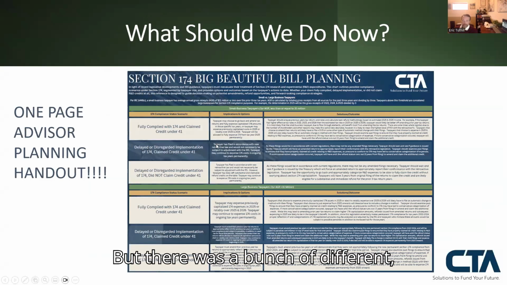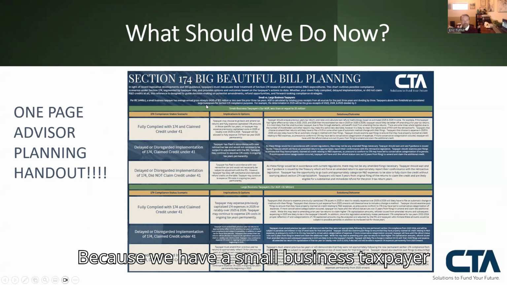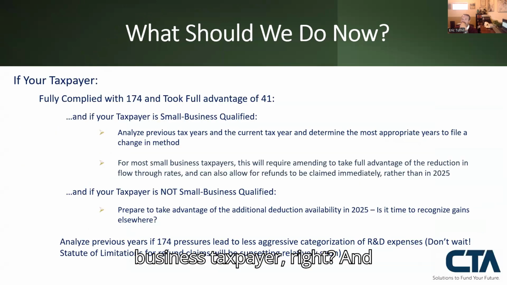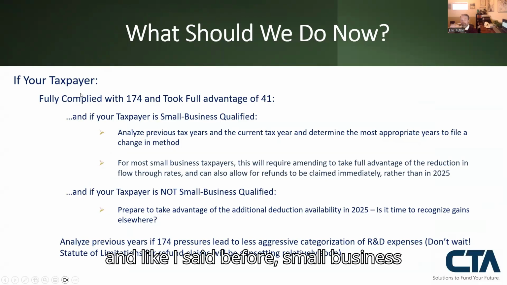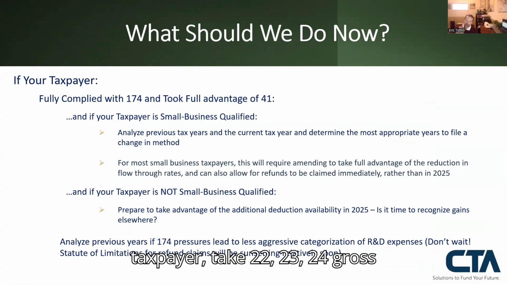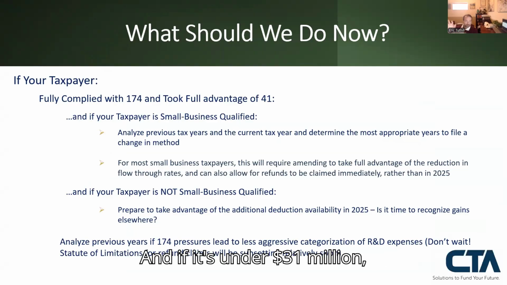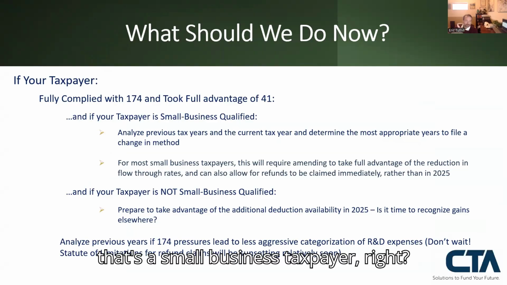There's different categories, right? Because we have a small business taxpayer and what's considered a large business taxpayer. Like I said before, for a small business taxpayer, take 2022, 2023, 2024 gross receipts and divide them by three, and if it's under $31 million, that's a small business taxpayer.